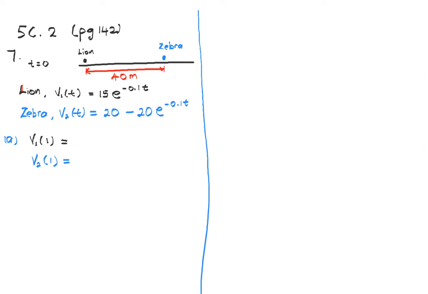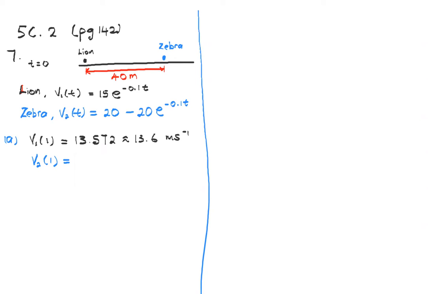You use your graphic calculator, you get the velocity of the lion, which you can get straight away from your calculator. You don't even have to show me. So approximately 13.6 meters per second.